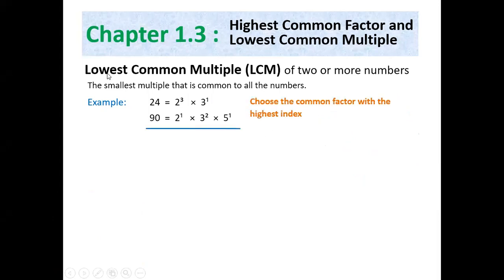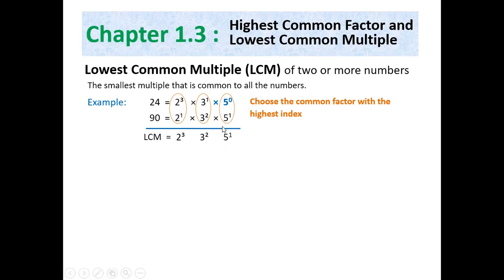So for lowest common multiple, choose the highest index. Which one? 2 cubed, the highest index, power 3, and 3 squared, and 5 power 1, the highest.